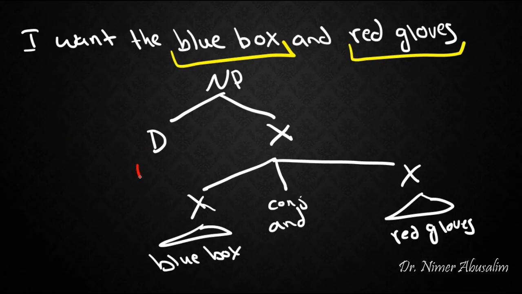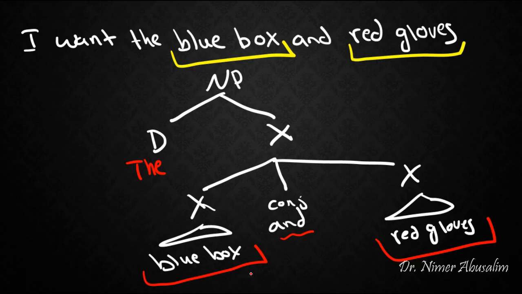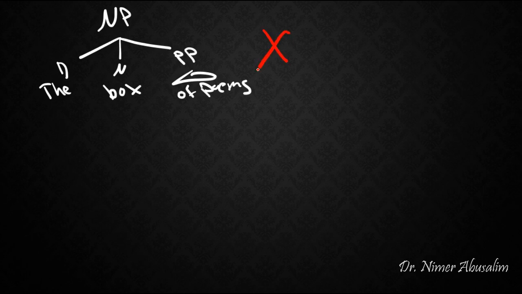We want the determiner the to be separate, and we want blue box and red gloves to be coordinated because we want them to be of the same type. Again, here we're calling them X for now. We still don't know what these X's are. But the point of the matter is so far that we've seen more than 3 examples that show us that our flat structure NP, like this one, is not the way to go.